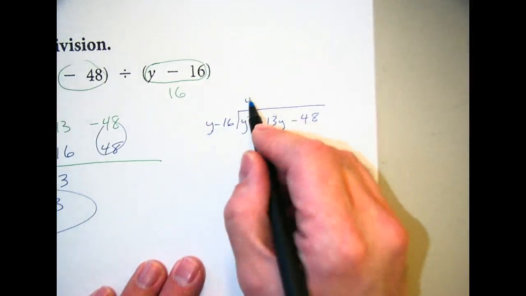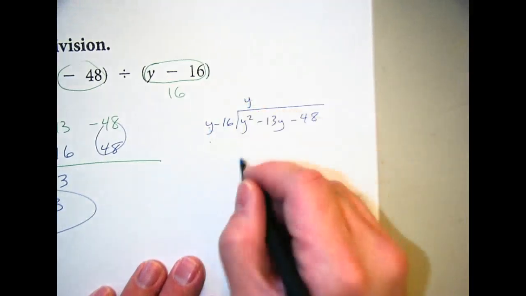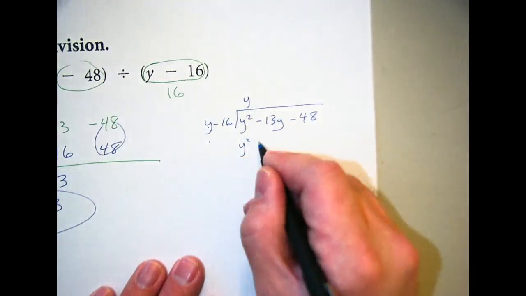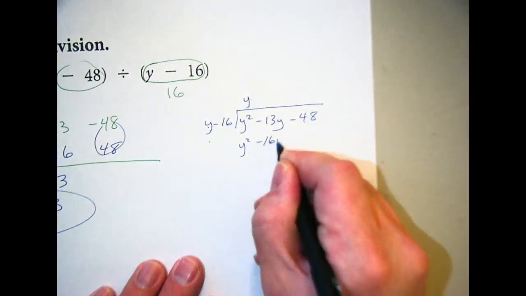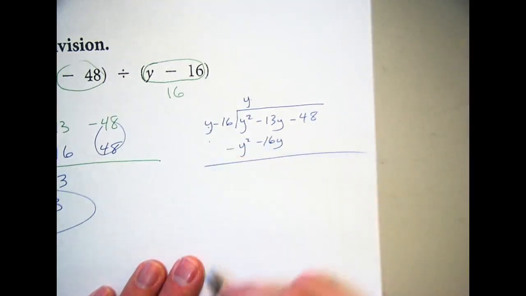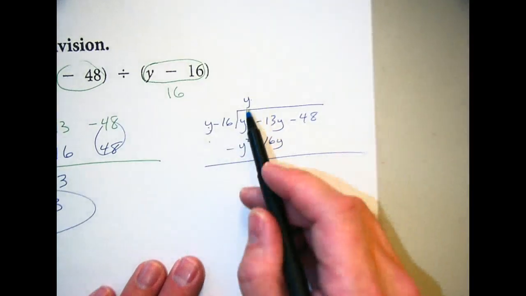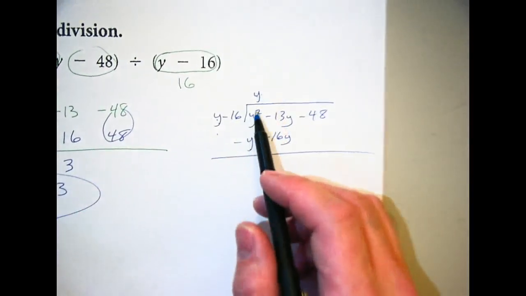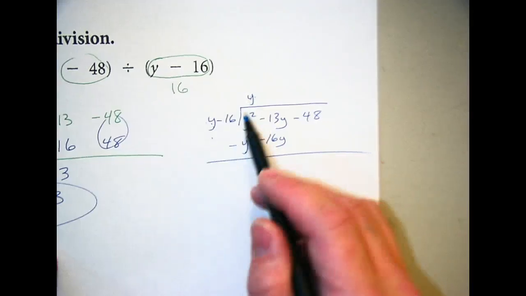It's a 1y. So y times y gives us y squared. And then y times negative 16 gives us that negative 16y. And then we end up flipping that sign. So it gives us that place where we know that these two things cancel, so we don't have to worry about this part in here.